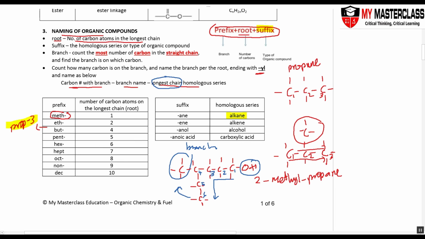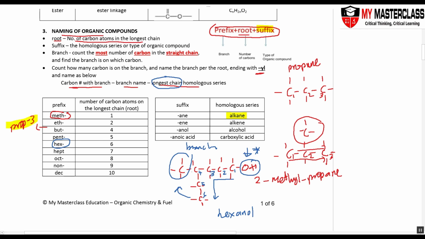In this case, the longest straight chain is 6 carbon. So 6 carbon is hex. This is all carbon single bond, but this is your functional group, very important. And it's an alcohol, so it should end with anol. So hexanol.